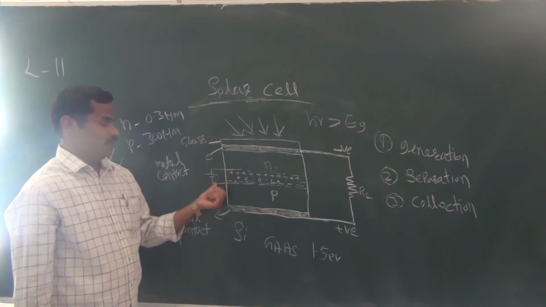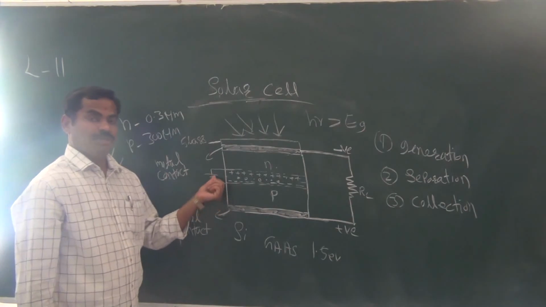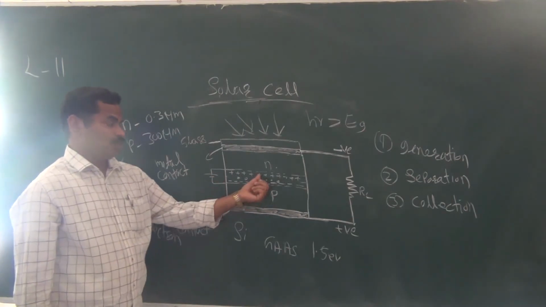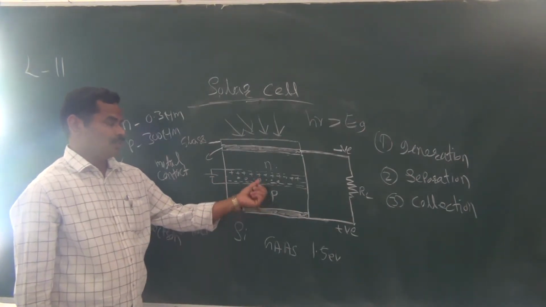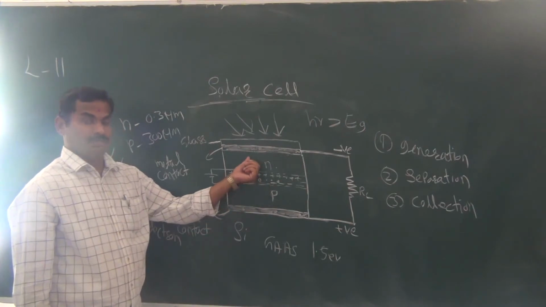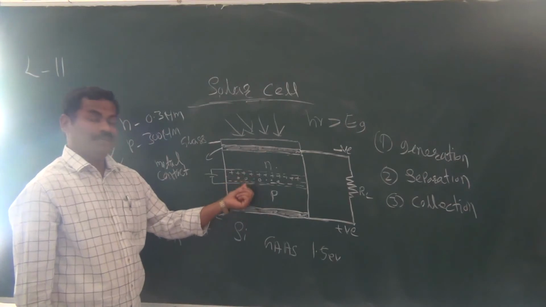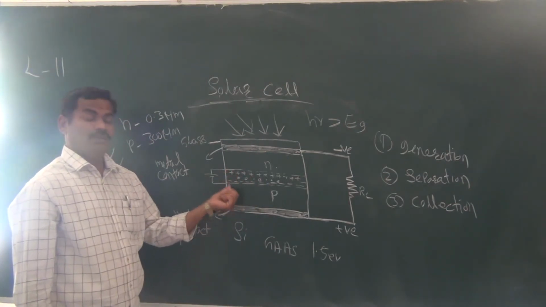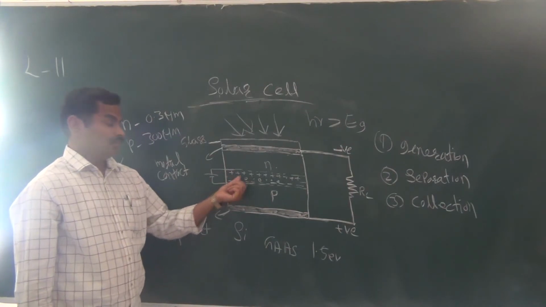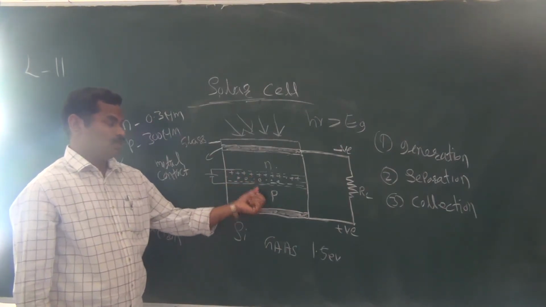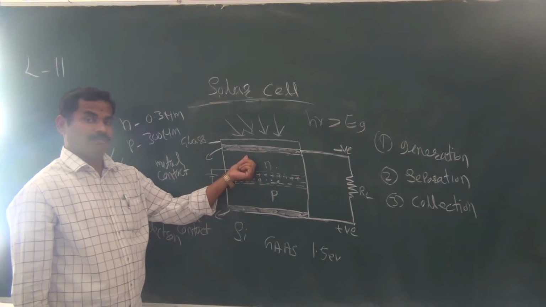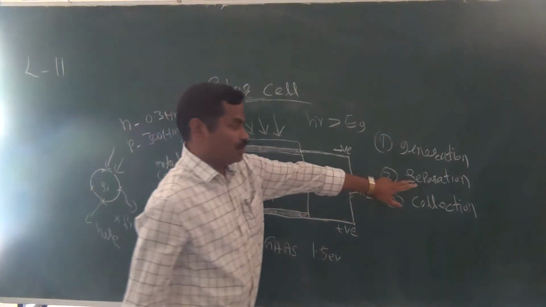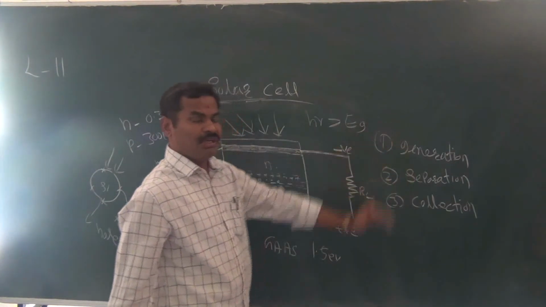Why is there separation of the electron holes? Because of the high electric field, or because of the barrier potential in the junction, the holes move towards the p side and electrons move to the n side. That is nothing but separation. Separation is nothing but separating electron holes.